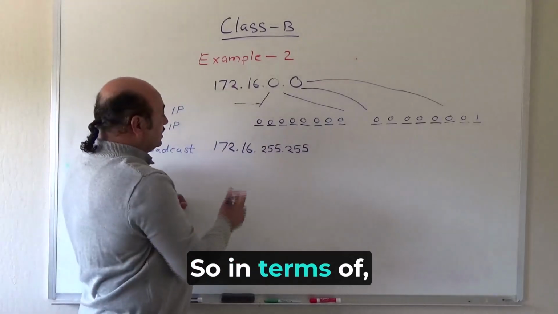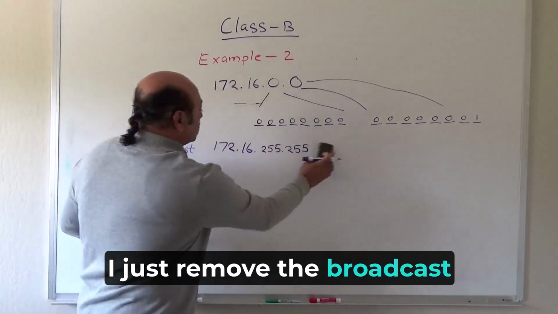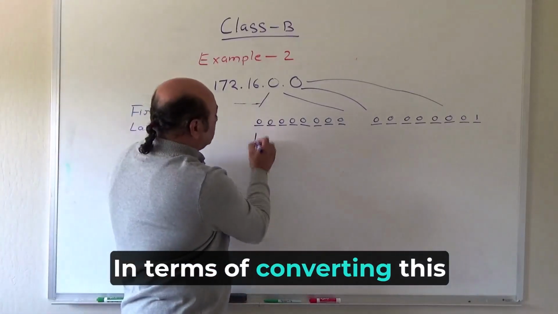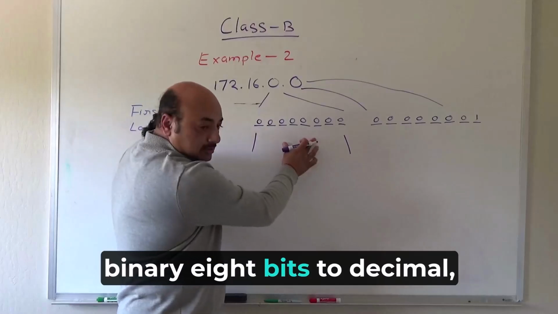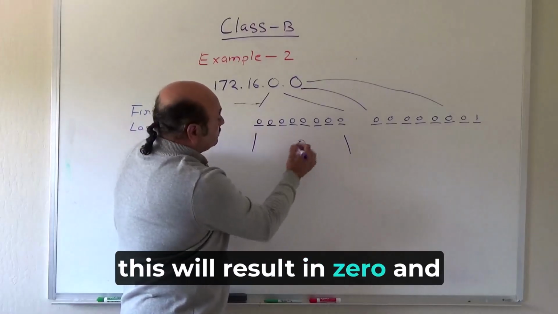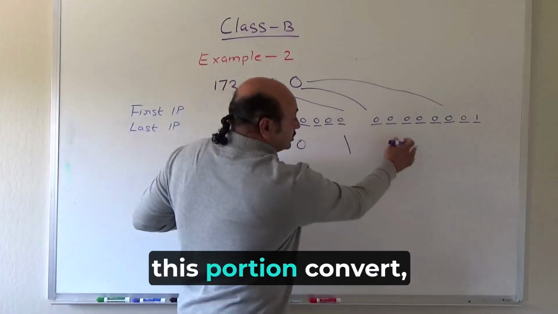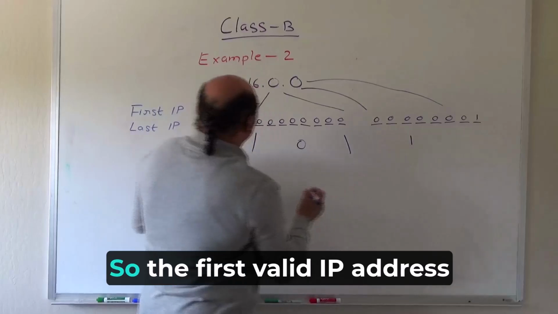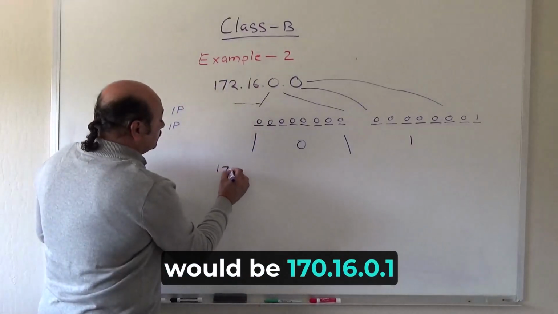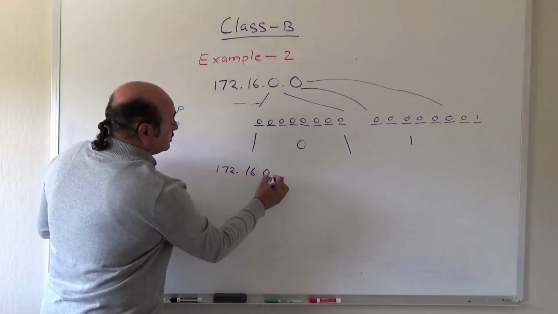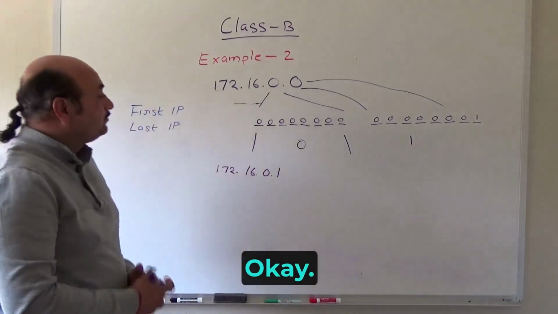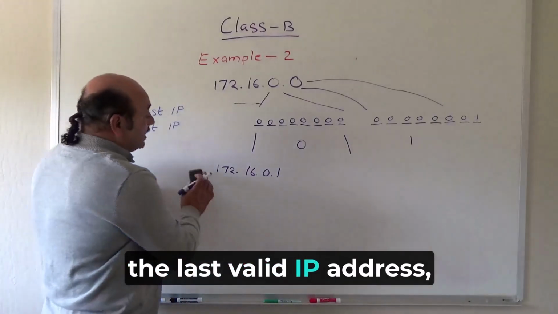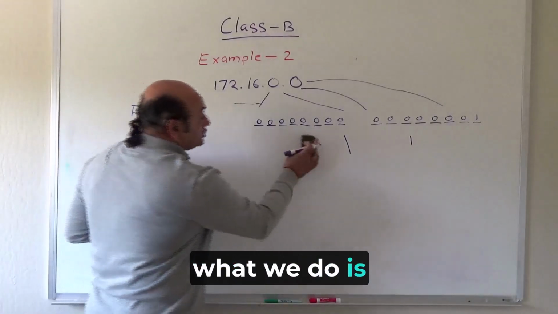I'll just remove the broadcast part from here. Converting these binary 8 bits to decimal, this will result in 0, and this binary portion converted into decimal would result in 1. So the first valid IP address would be 172.16.0.1.